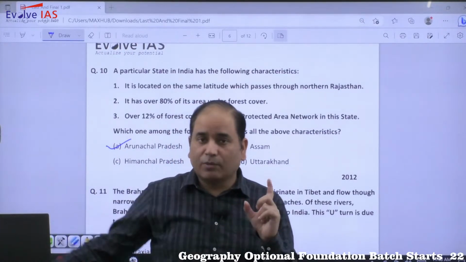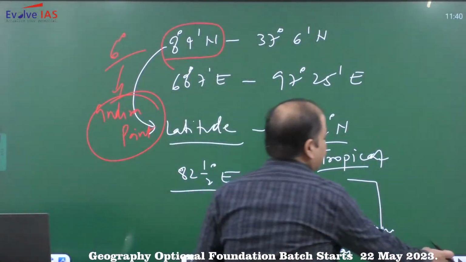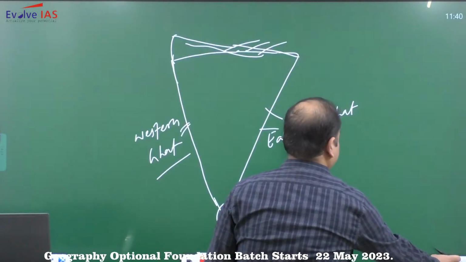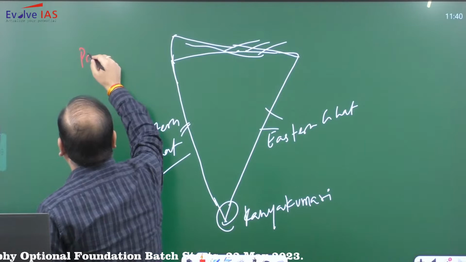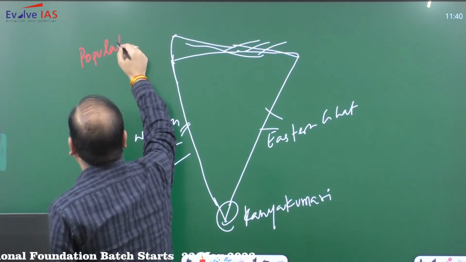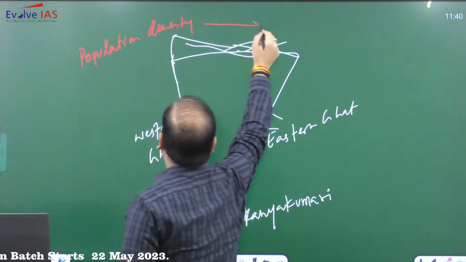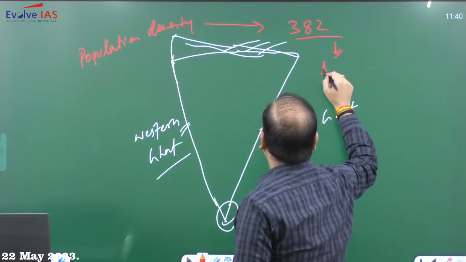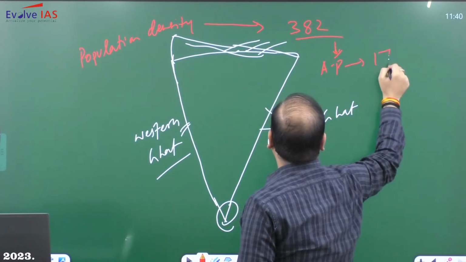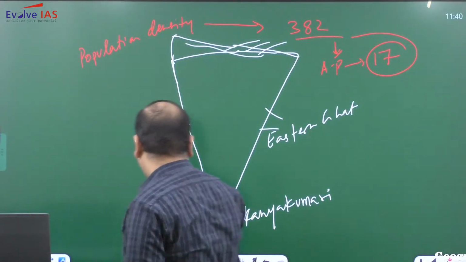India's average population density is 382, but Arunachal Pradesh's population density is only 17. So this population density is mainly because of this.